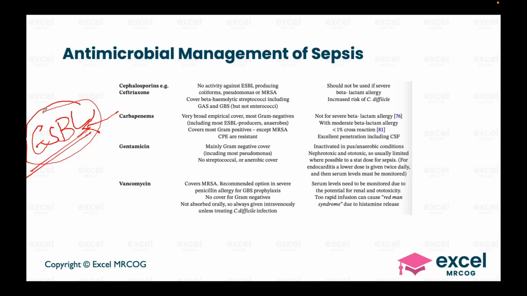So it covers most gram positives except MRSA, and obviously carbapenemase producing enterobacteria will be resistant to carbapenems because they are producing carbapenemase, which is an enzyme that destroys carbapenems. Your gentamicin mainly covers gram negative, most pseudomonas.